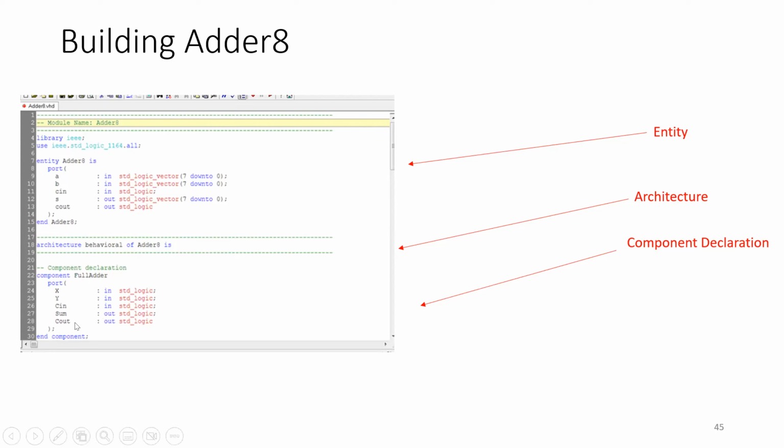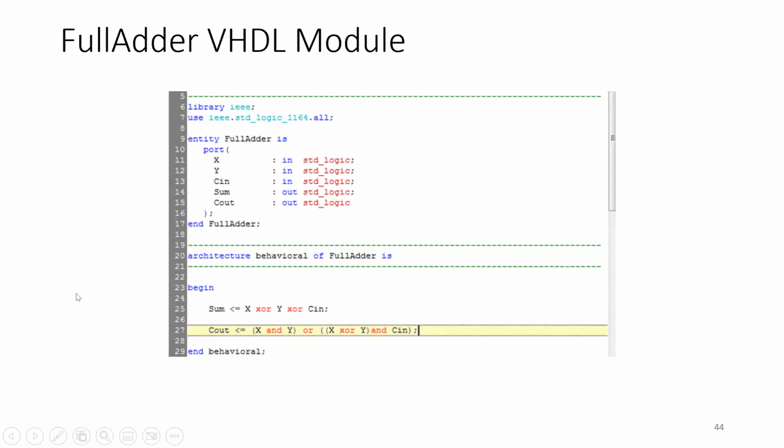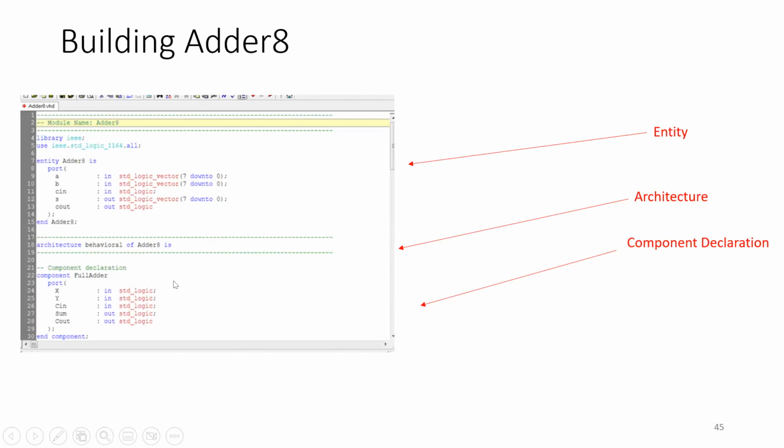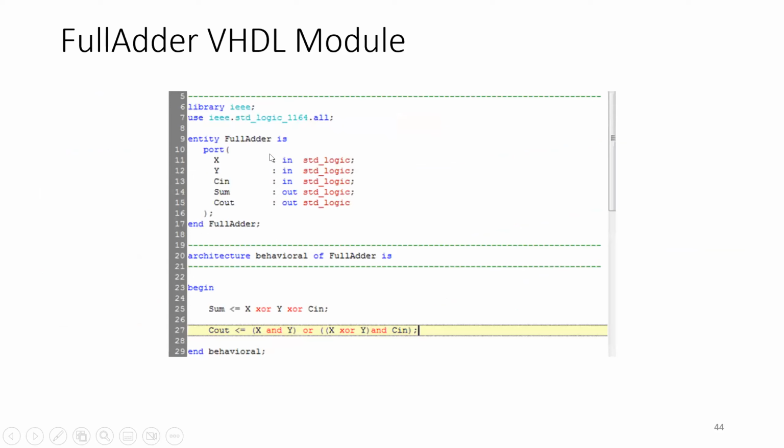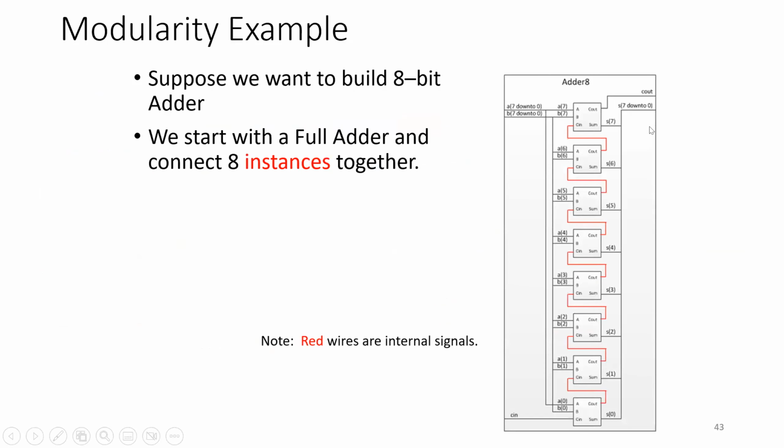For this port, I copy the elements within the entity of full adder, copy and paste. Then I'm specifying my signals. My signals are those red lines. Those are internal signals. I am taking C out from the least significant bit into C in of the higher significant bit.